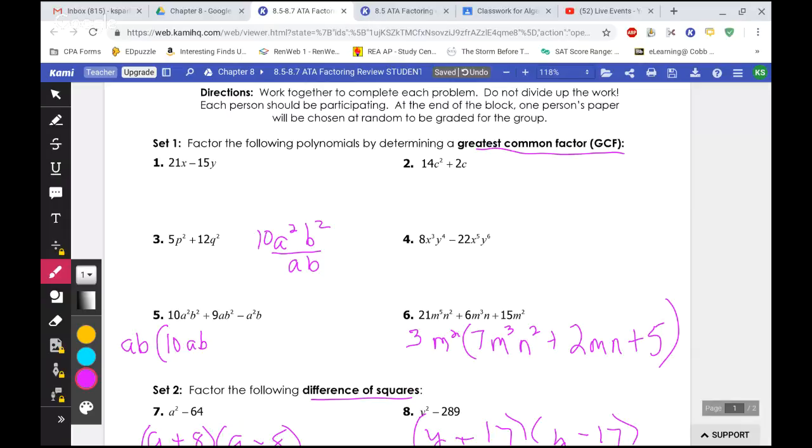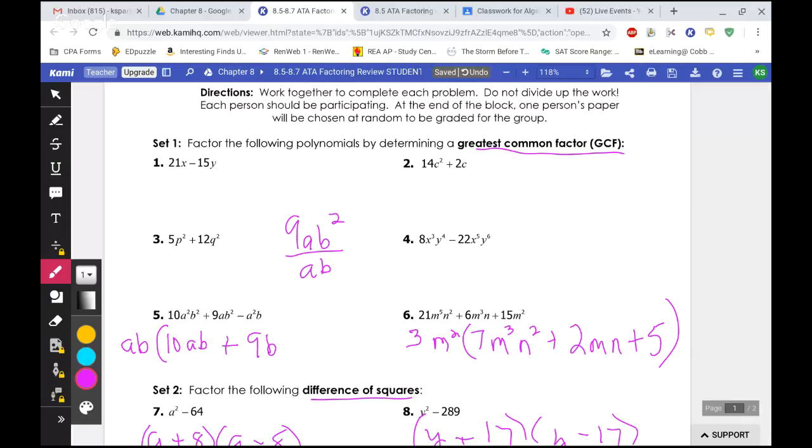But good job. So if I take an AB out of 9AB squared, what am I going to have left? 9B.